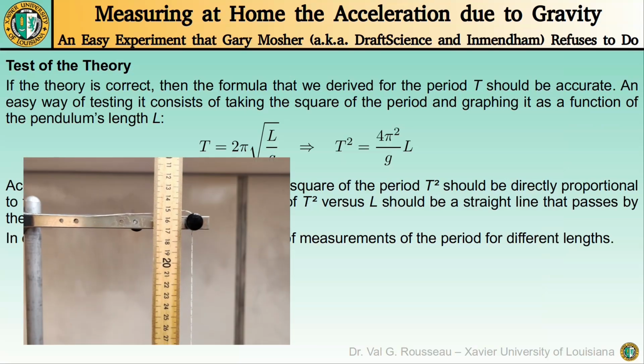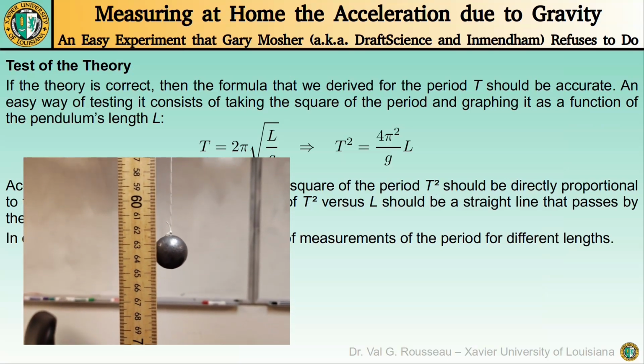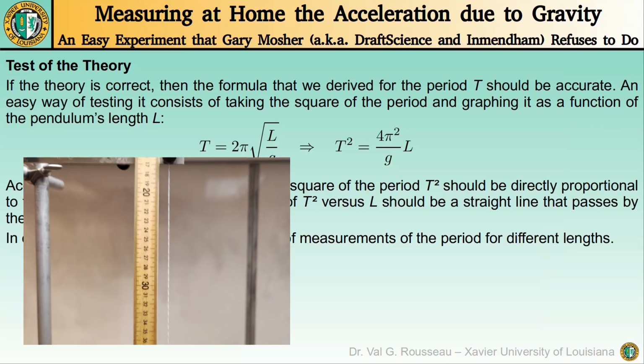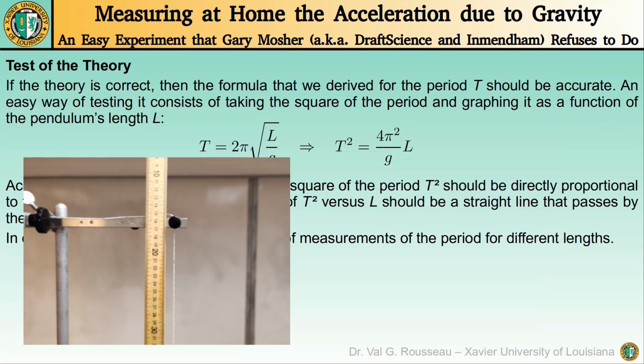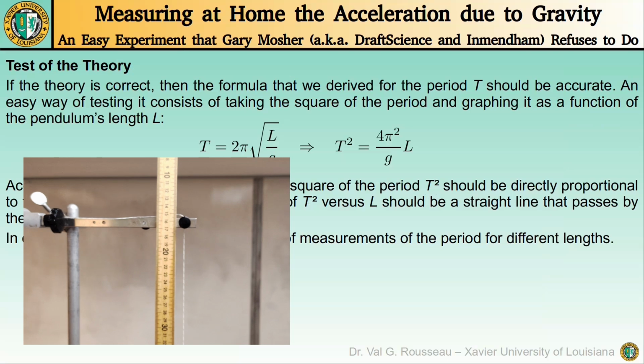So, here is the procedure. All we have to do is to choose an arbitrary length for the pendulum, measure it by taking care of adding the ball's radius to the thread's length, and then measure the period of the oscillations. And here we have to use common sense.